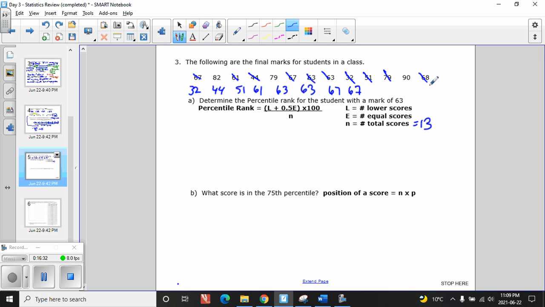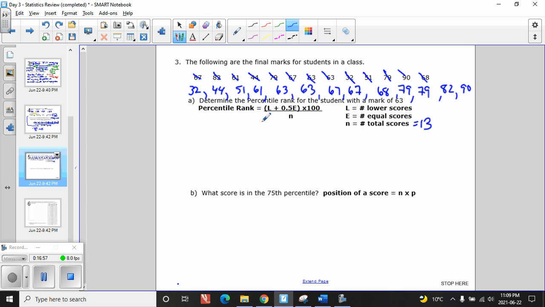Oops, there's a 68 there. And then 79, 79, 82, and 90. Okay, if it's helpful, you can put commas between the numbers to make sure you see where they separate. And then we're ready for the percentile calculation.